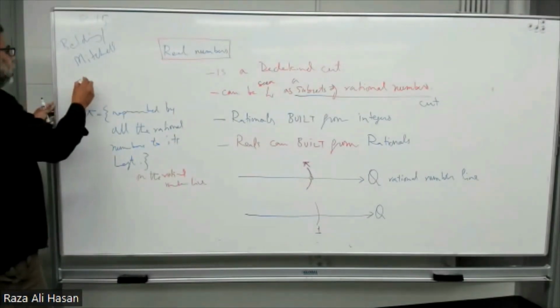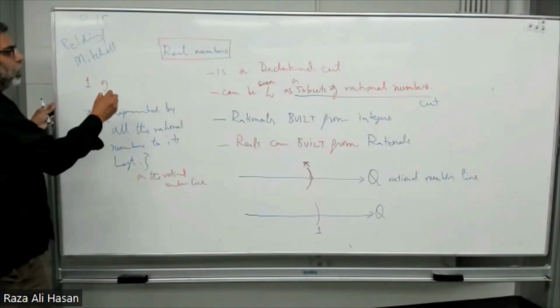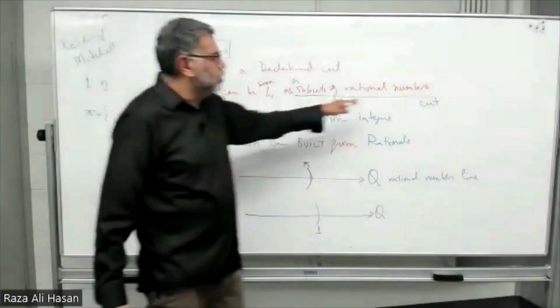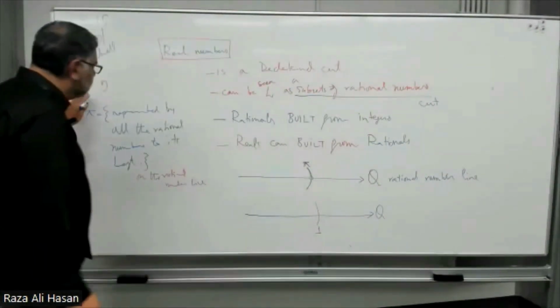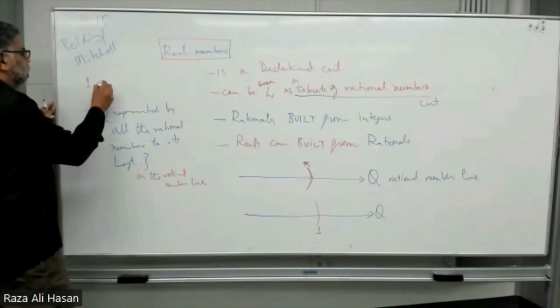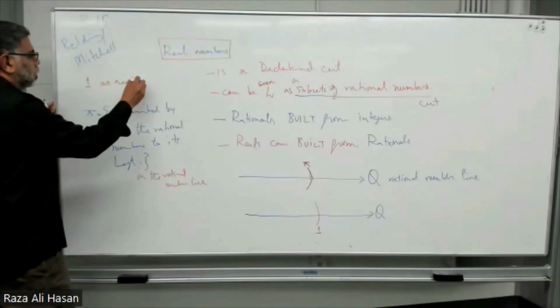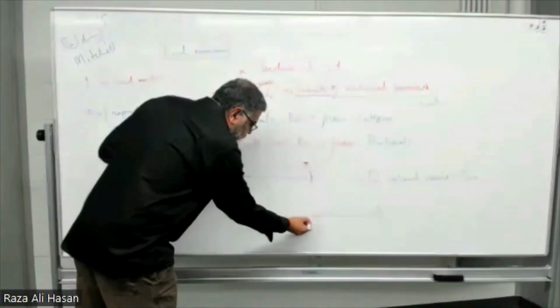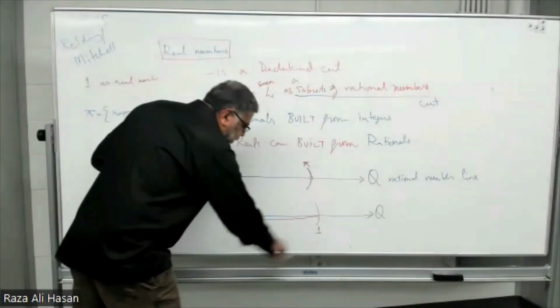Because a real number's definition is that it's a subset of rational numbers. If you think of 1 as a real number, then all the rational numbers to the left of 1 represent it.